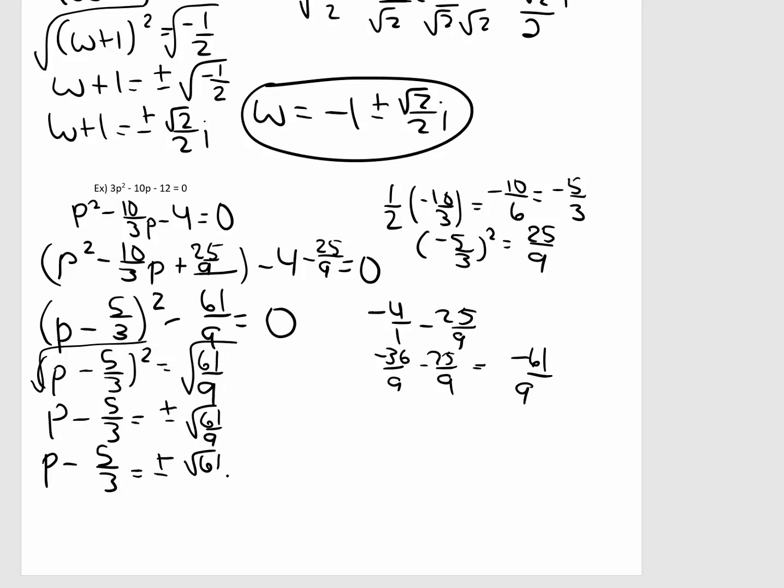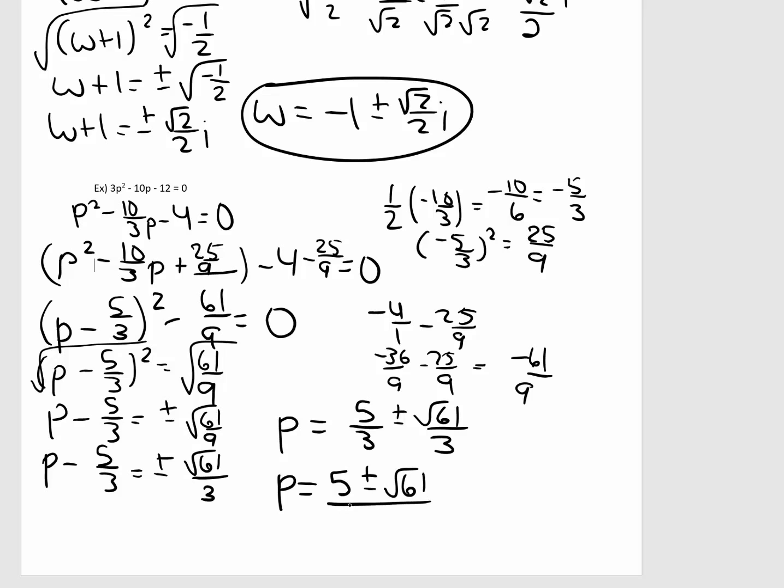And there's no perfect roots I can pull out of 61 other than 1. Add the 5 thirds. Because the denominators are the same, I'm going to write it as 1 fraction. And here are my two solutions here.